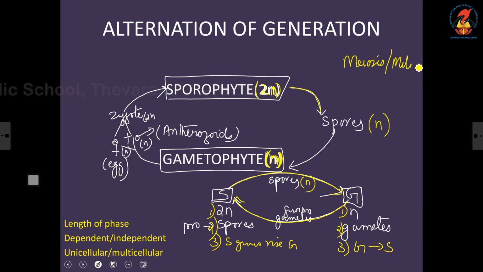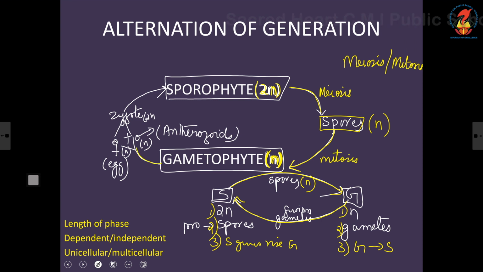Which division is applicable here? Where the chromosome number becomes half, it is meiosis. So by meiosis, the sporophyte gives rise to the spores, and then the spores, N becoming N, is by mitosis, gave rise to the gametophyte.